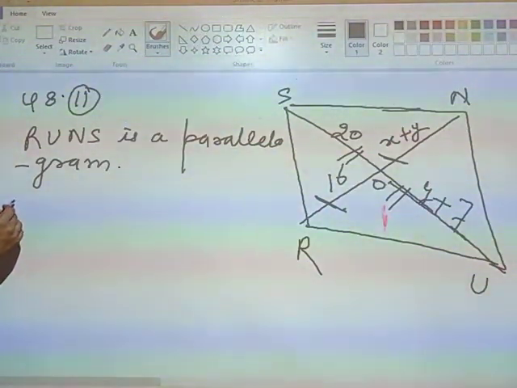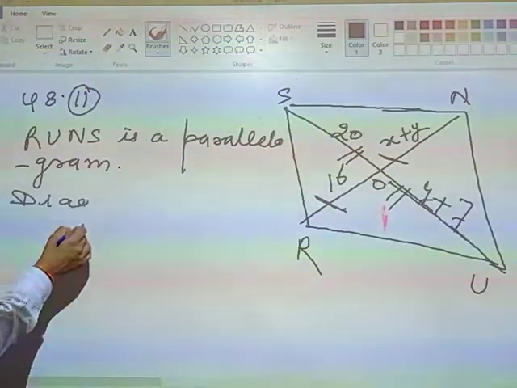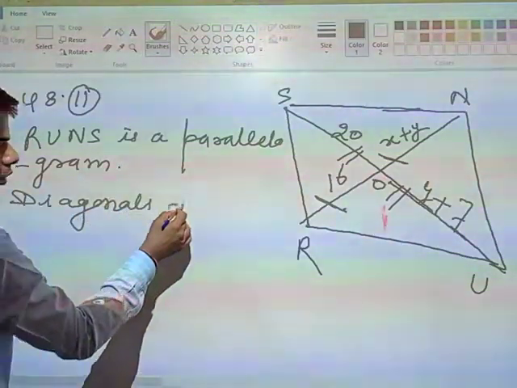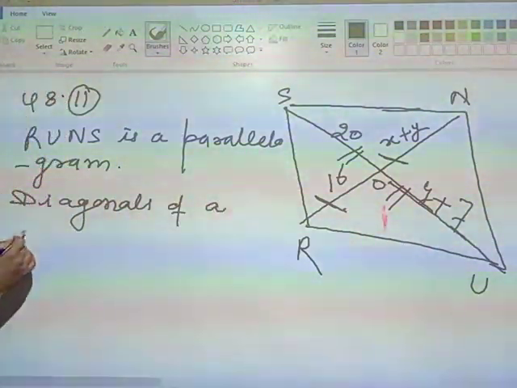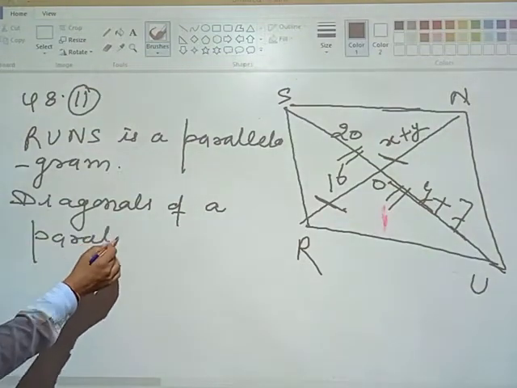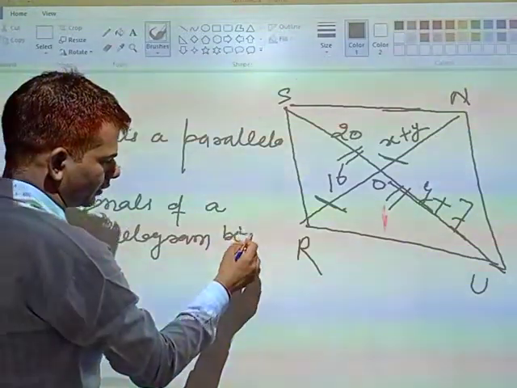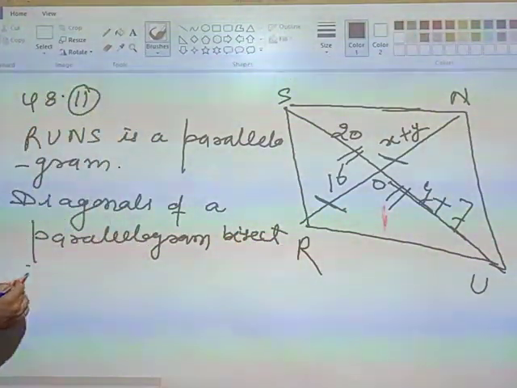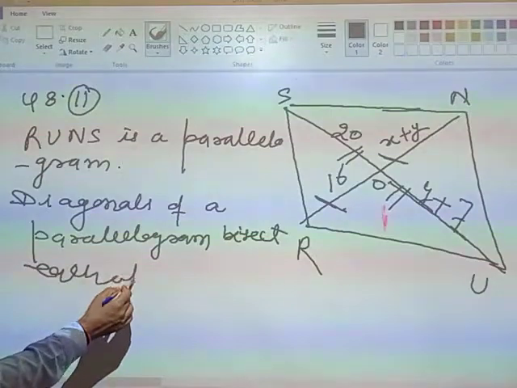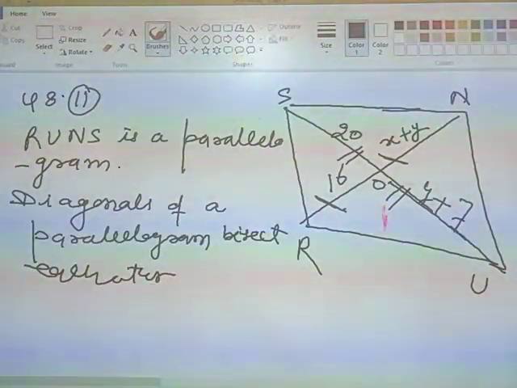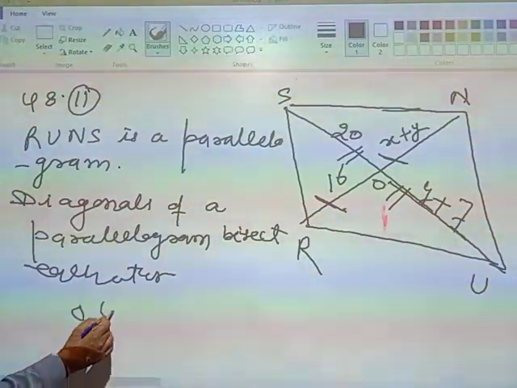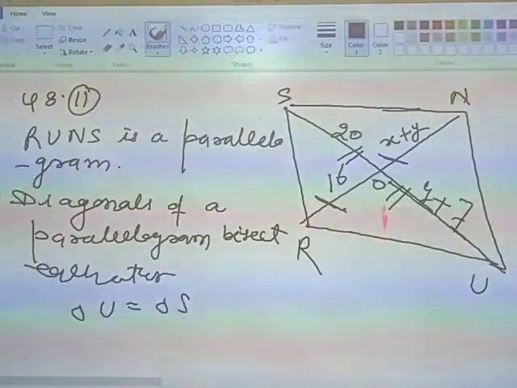Friends, diagonals of a parallelogram bisect each other. Therefore, OU is equal to OS.